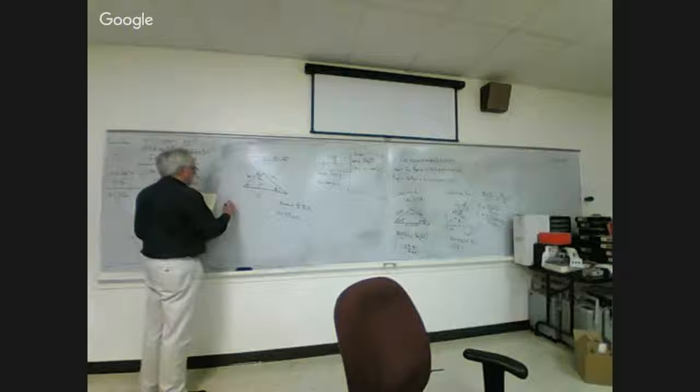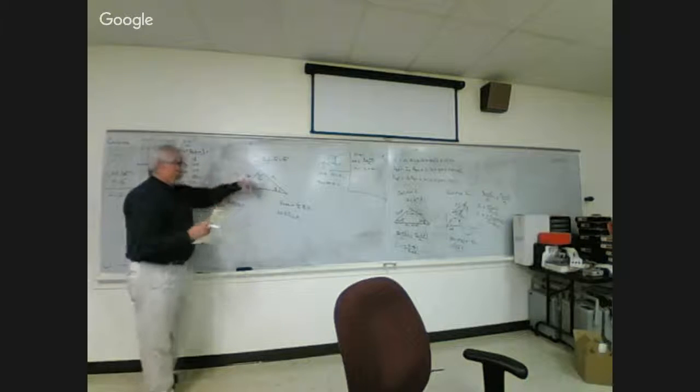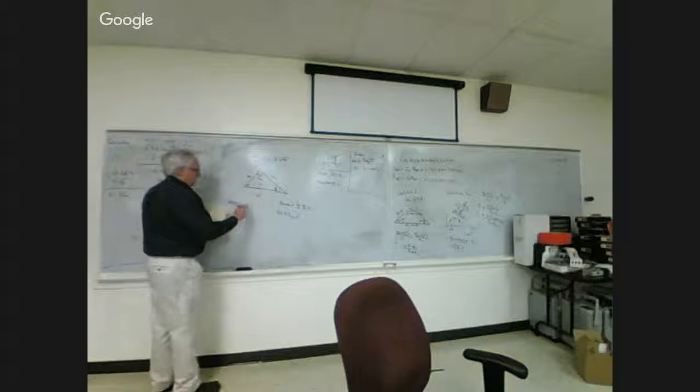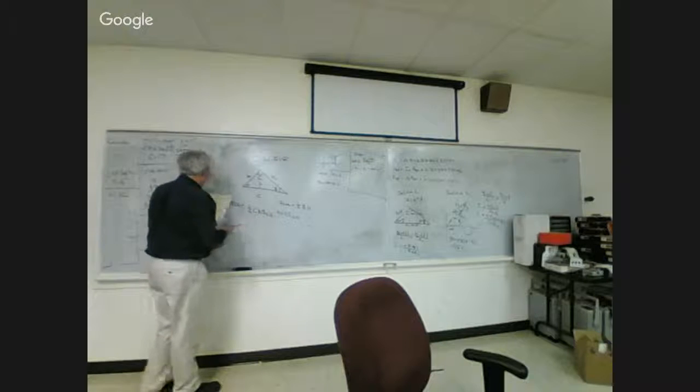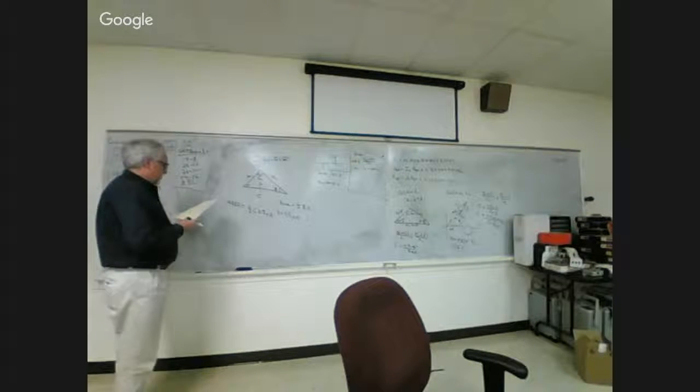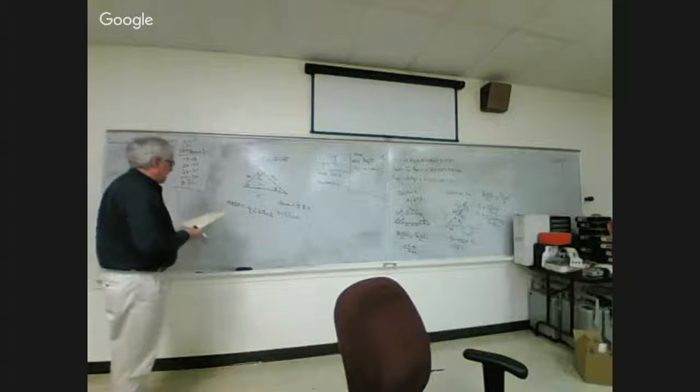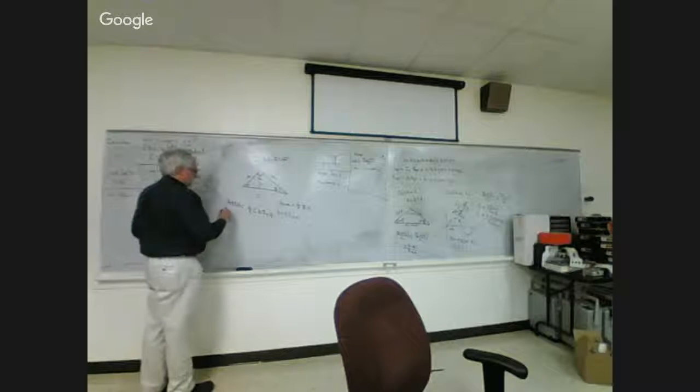So the area of an oblique triangle, if you don't want to mess with it, what's the easiest way to do it? It's 1/2 the base, which is little c, times little b sine of A. So 1/2 bc sine of A. Does that make sense?